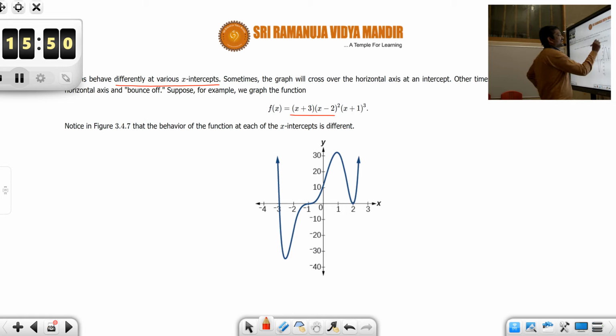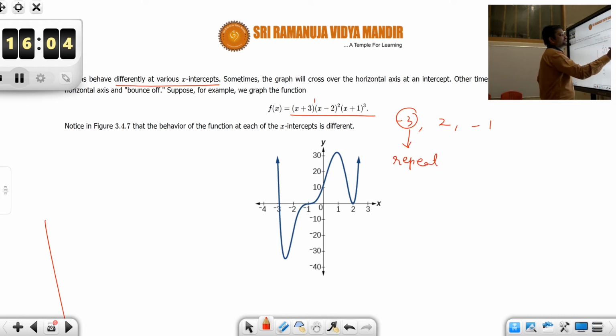Say for example, if you look at this, the x-intercepts are minus 3, 2 and minus 1. If you look at minus 3, how many times is it repeating? This factor is repeating only once. What about 2?